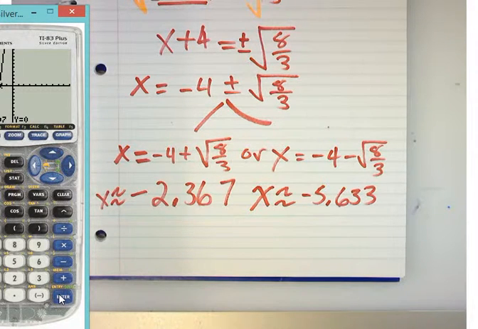Guess. Negative 2.367. Wow, that's pretty good. Let's do the other one. So now let's move over to the other one. Same thing.